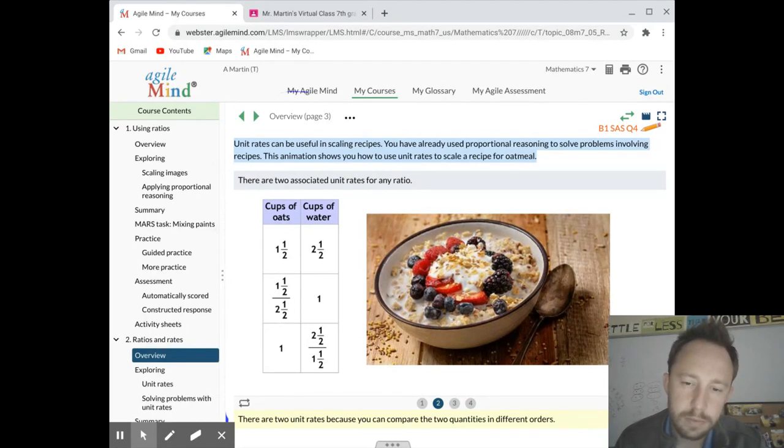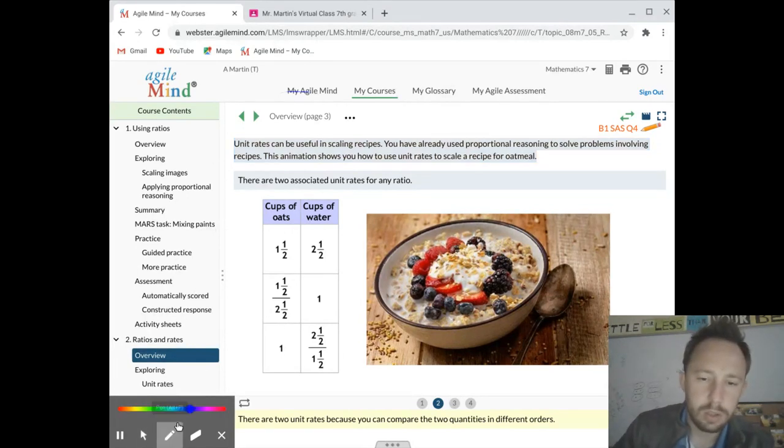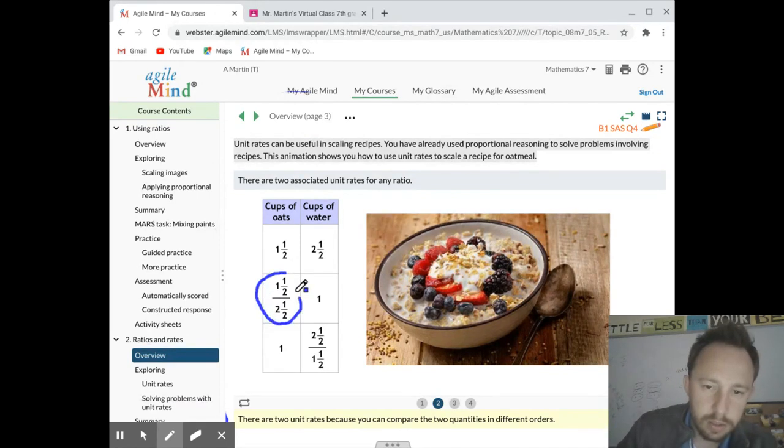2 1/2. No. You're starting off right. 1 1/2. You're starting off right. Yeah, 1 1/2 and 1. All right, so look. This would be oats to water.